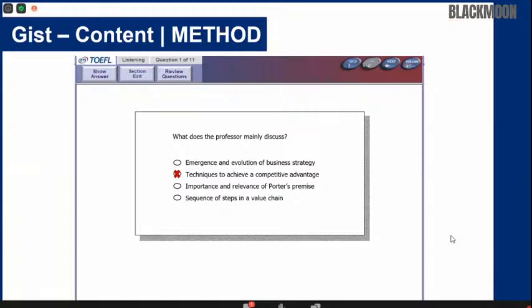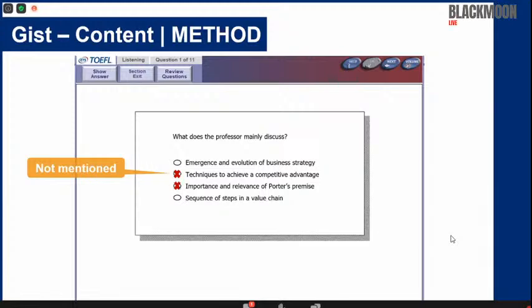Did he discuss techniques to achieve a competitive advantage? He was talking about how Henderson introduced this idea of competitive advantage, but she didn't tell you how, right? Technique is basically showing you ways to achieve competitive advantage. That was not a part of the lecture at all. So it's definitely not 2. It was not mentioned.